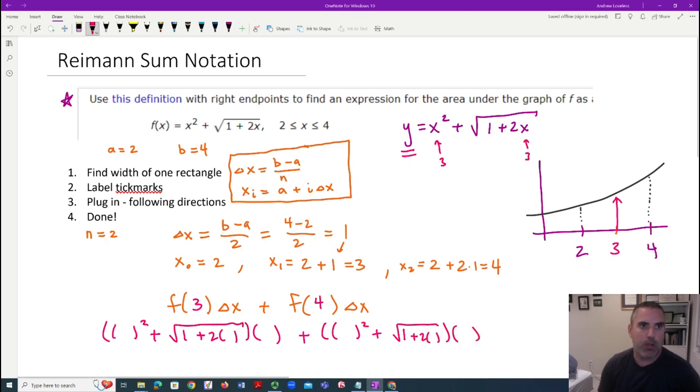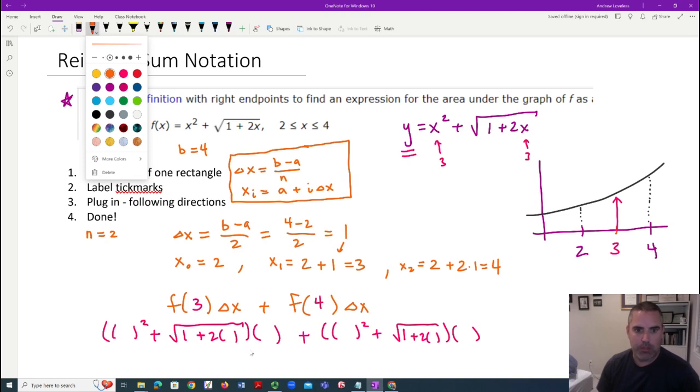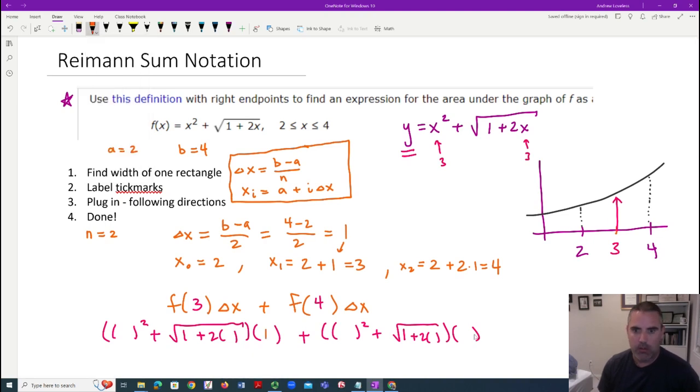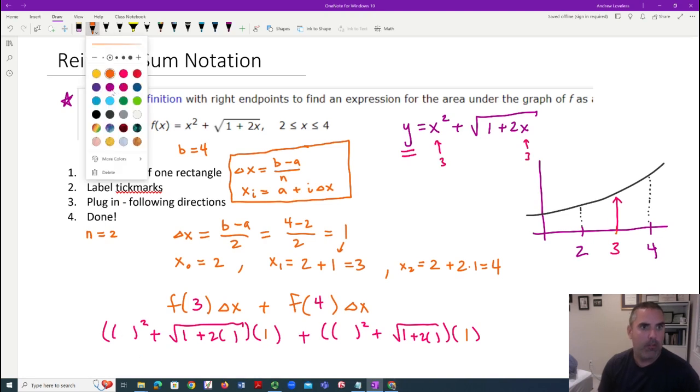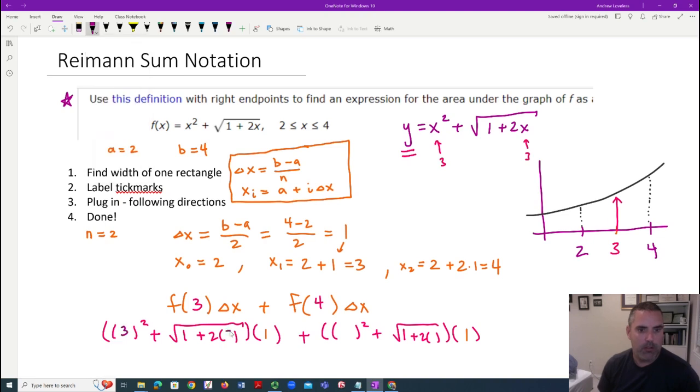Okay, so for this problem, the width of each one is 1, so there's going to be a 1 here and a 1 here. And the tick marks we're plugging in are 3 and 4. Okay, that would give us one approximation.